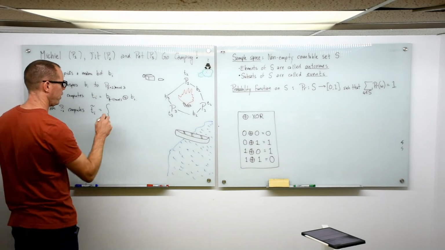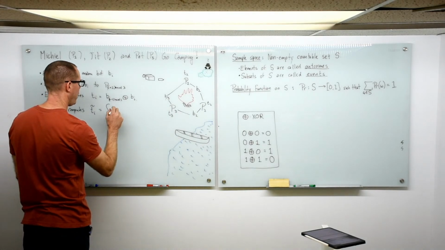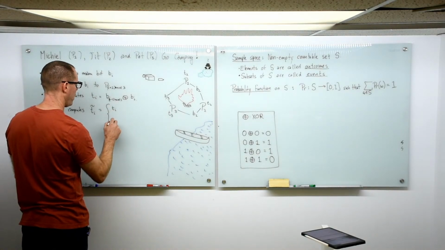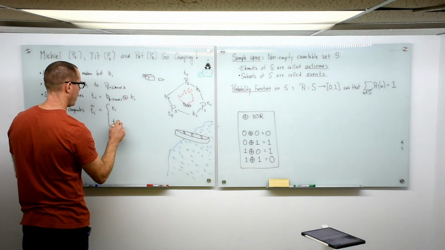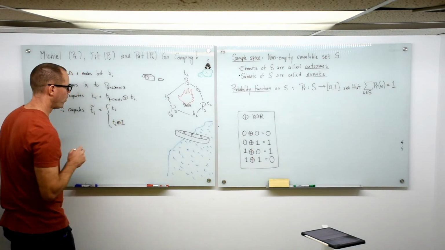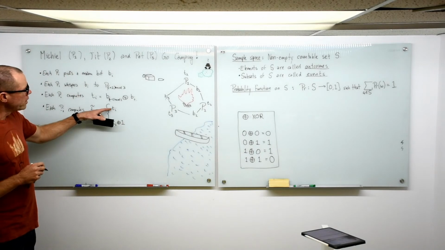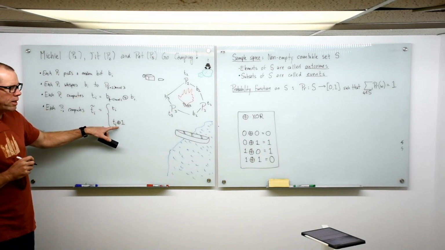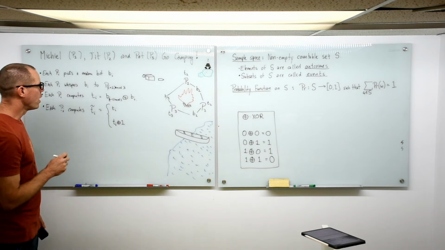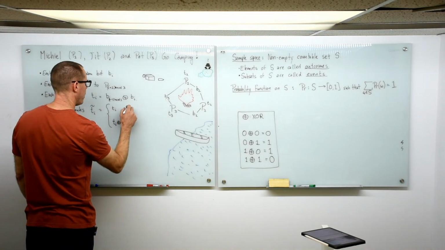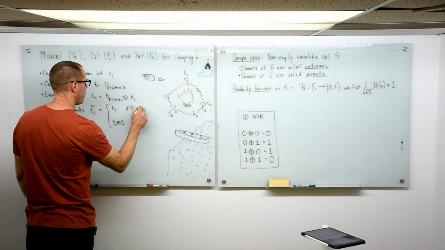It's either equal to Ti, or it's equal to Ti XOR 1, which means it's either equal to Ti or you flip the bit Ti. And when is it equal to Ti? It's equal to Ti if Pi did not drink the whiskey.